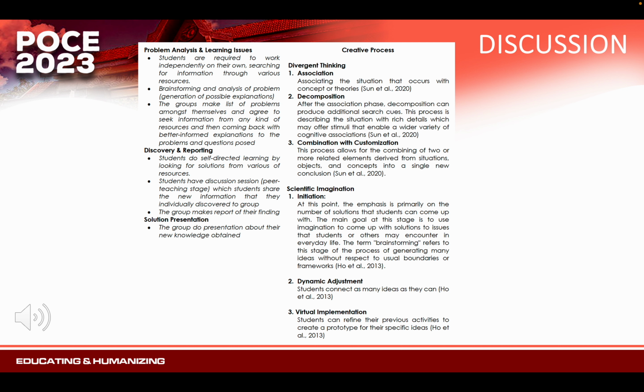So the students need to do brainstorming, analysis of the problem, and as students in the group, they need to make a list of problems among themselves and agree to seek information from any kind of research, and then come back with a better informed explanation to the problems and the questions posed.